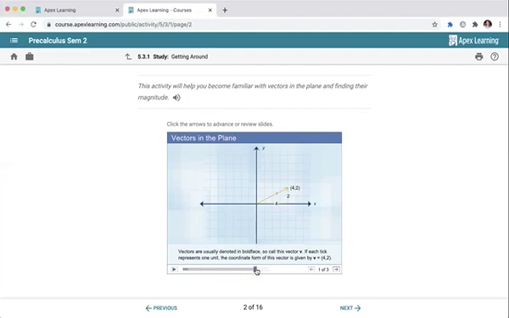And we can then calculate the magnitude of this by turning this into a right triangle. We can either use Pythagorean theorem or we can use our distance formula, whatever you would like. But regardless, we know that V squared is going to be equal to 4 squared plus 2 squared. We take the square root and that gives us our magnitude here.